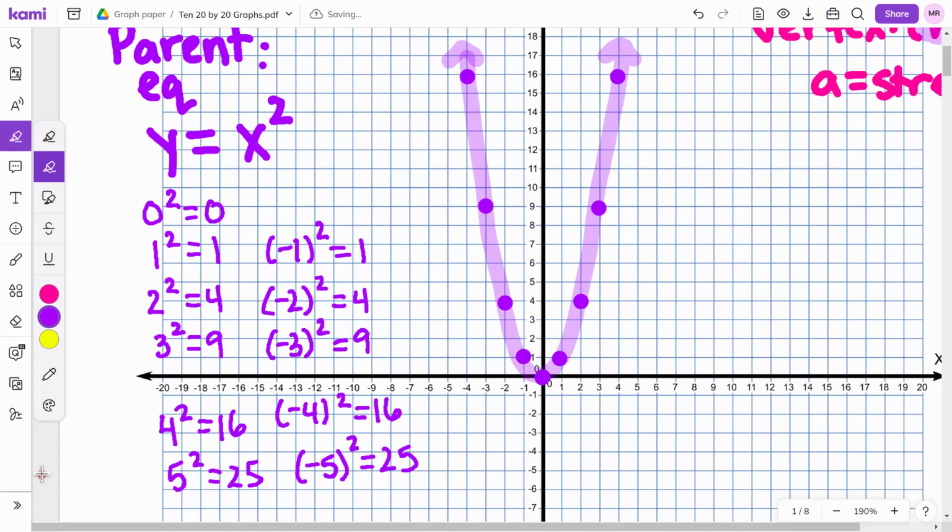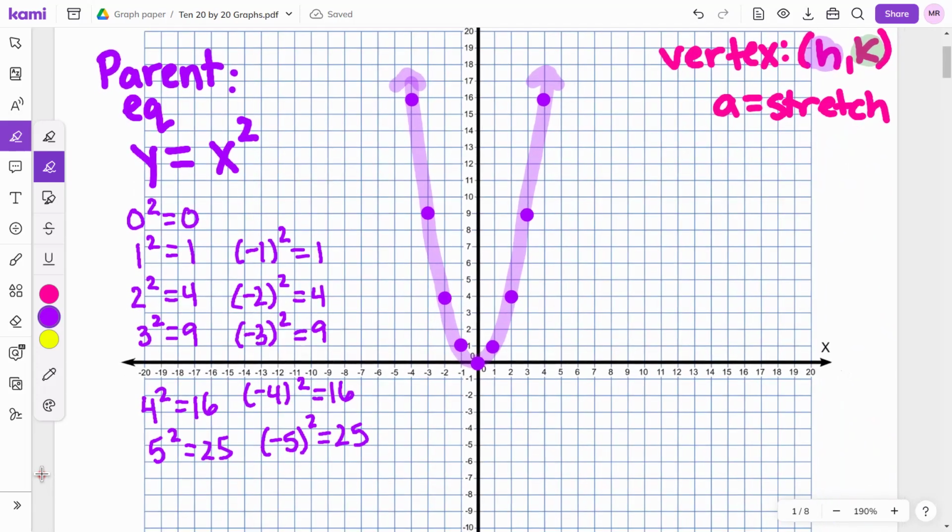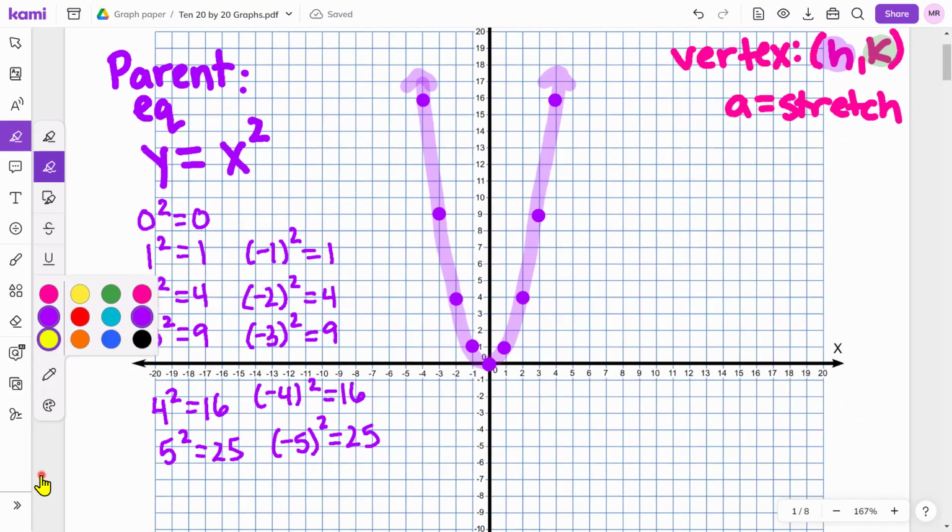Now, every other graph of x squared is based off of this parent graph. So let me keep that one there.